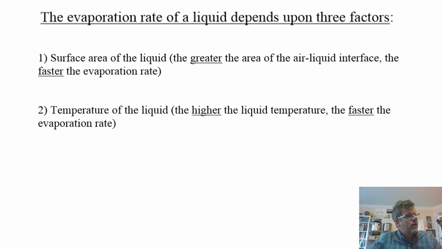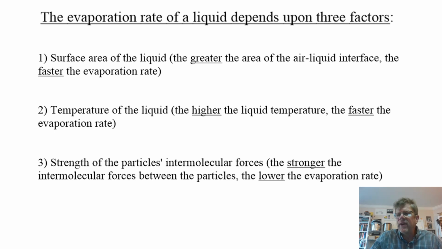That is sort of an indicator that we have a lot of evaporation going on at 90 degrees Celsius compared to the beaker that's at room temperature. And if you came back in an hour, you would definitely see the difference in the level of the liquid within the beaker that contained the hotter sample of water. So the higher the liquid temperature, the faster the evaporation rate. The lower the liquid temperature, the lower the evaporation rate by that comparison.